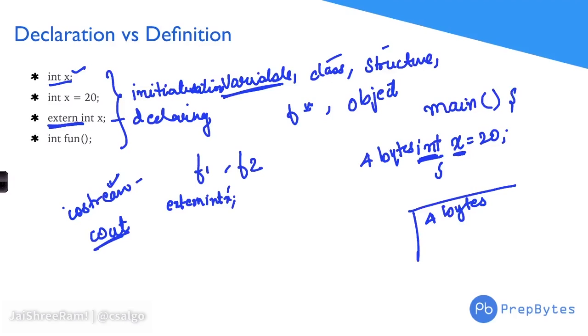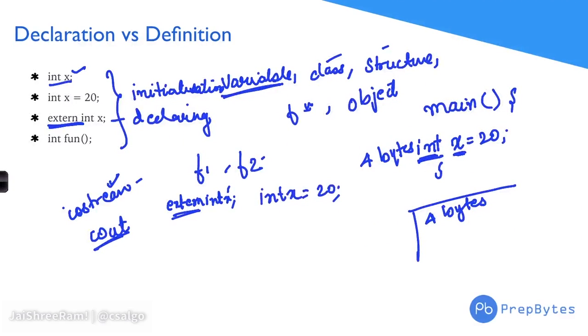This just informs the compiler that x is defined somewhere in another file, so there won't be any compilation error. There are multiple files, so it could be defined in f2 as well. So if I do int x in f2, we can simply do int x equal to 20.